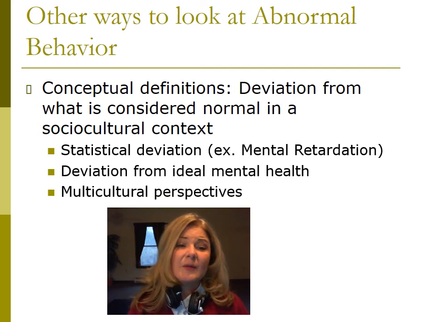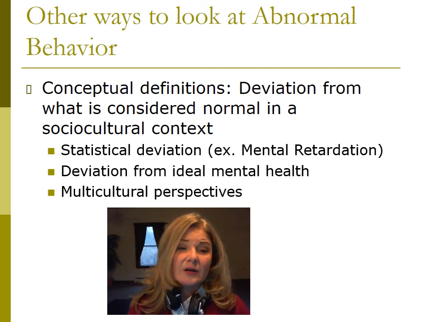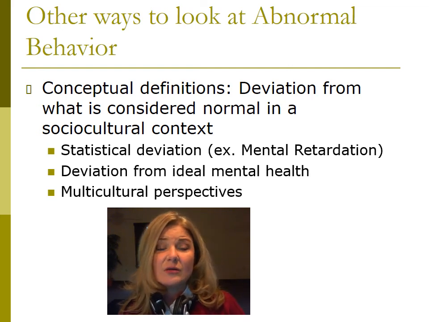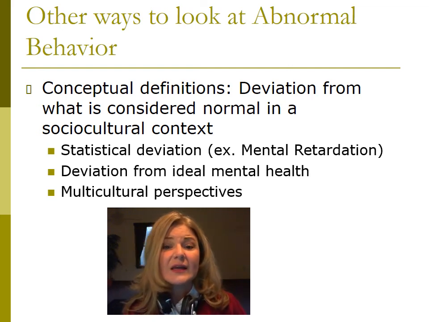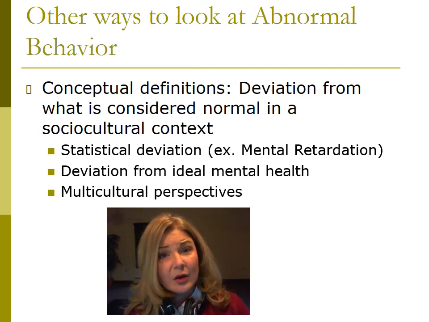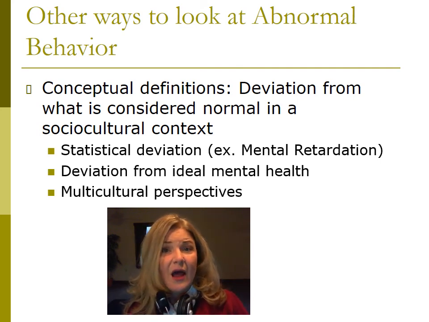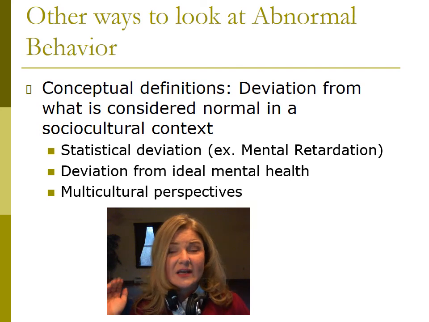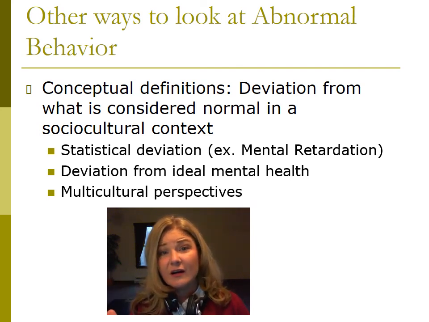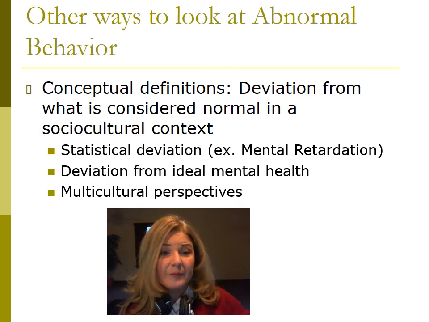Some other things I just want to mention is there are some diagnoses that we use statistical analysis with. For example, when we look at cognitive impairment, we take a look at statistical analysis. For example, with IQ, if we take an IQ of 70, below that, we will say there's cognitive impairment.